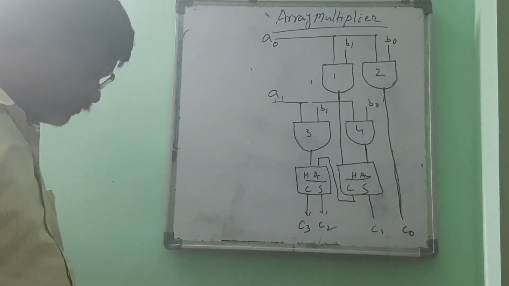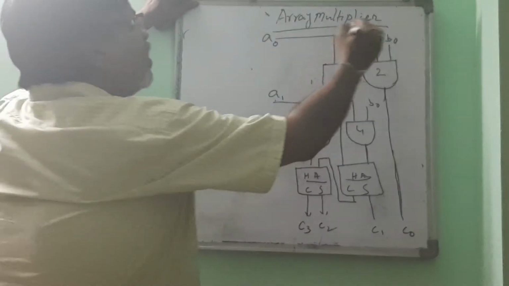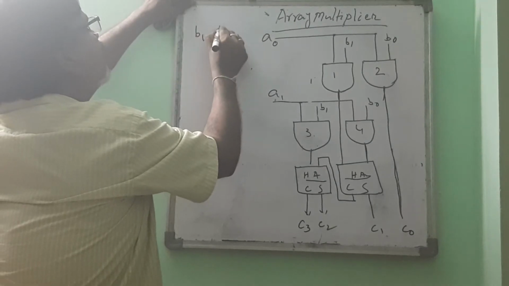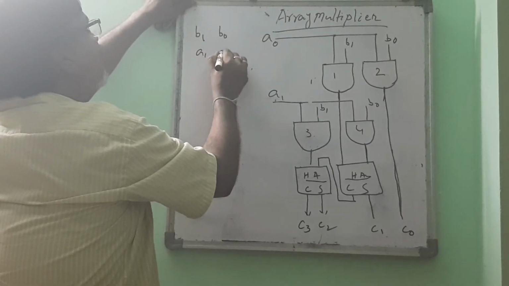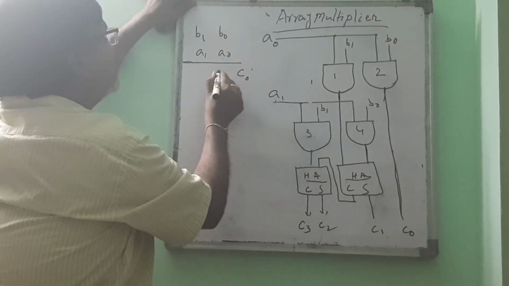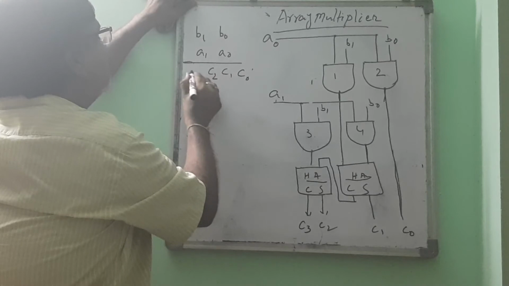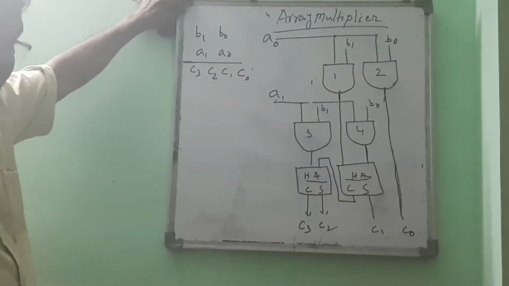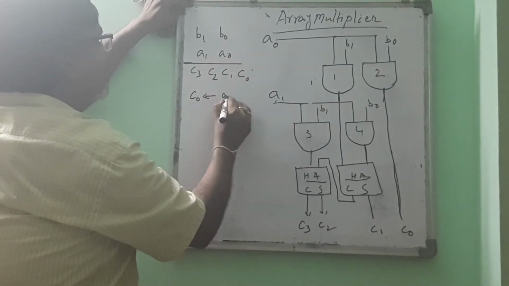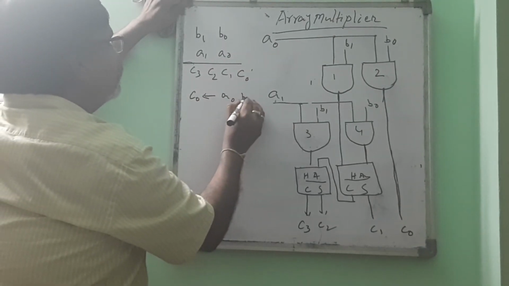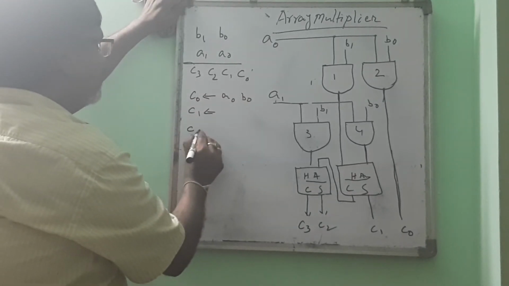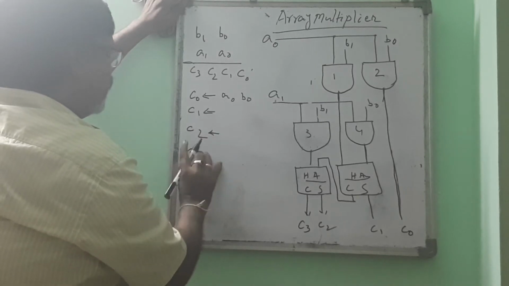Take B1 and B0 and A1, A0. Here, as I told you, the result will be C0, C1, C2 and C3, where C0 is nothing but A0 into B0.